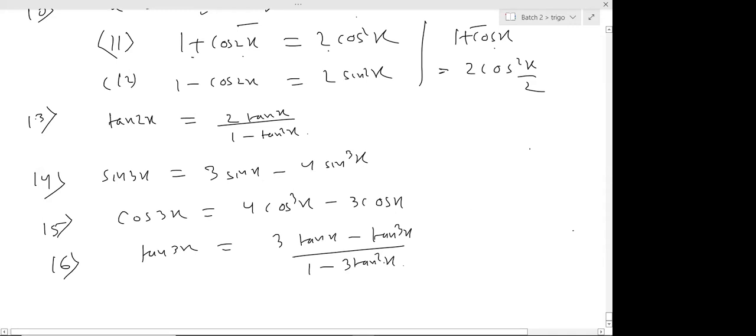All right. So please memorize all these formulas. There is no way you can move ahead without memorizing all the formulas. All right. Write it down. We'll solve few questions.